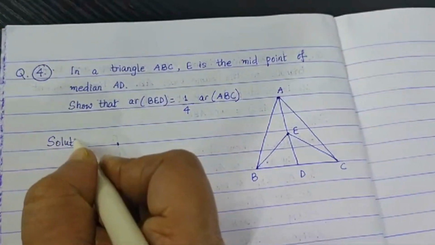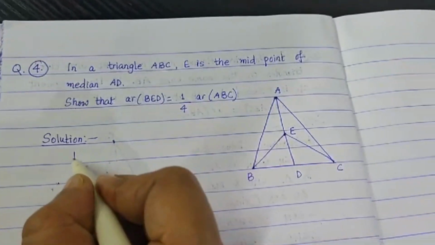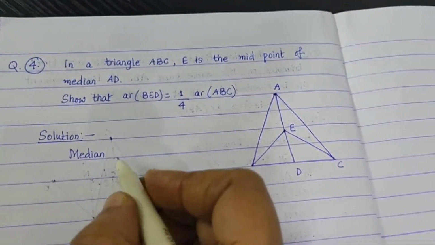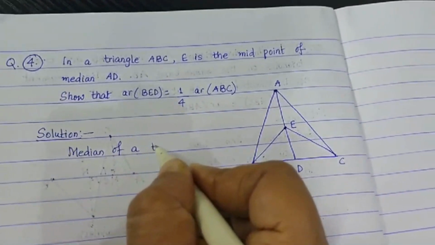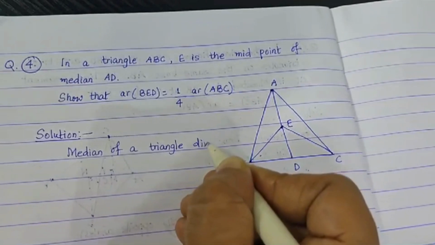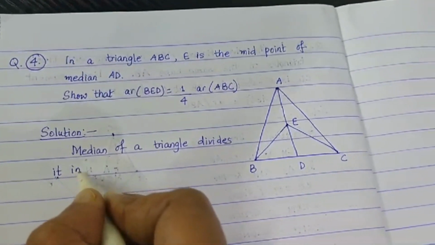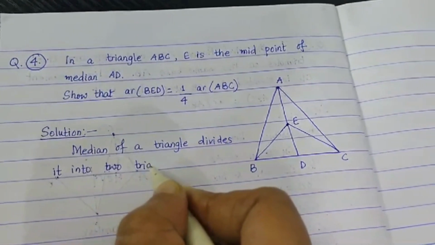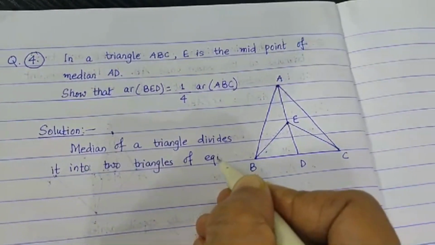Let's solve it. Solution. We will use one property, that the median of a triangle divides it into two triangles of equal areas.